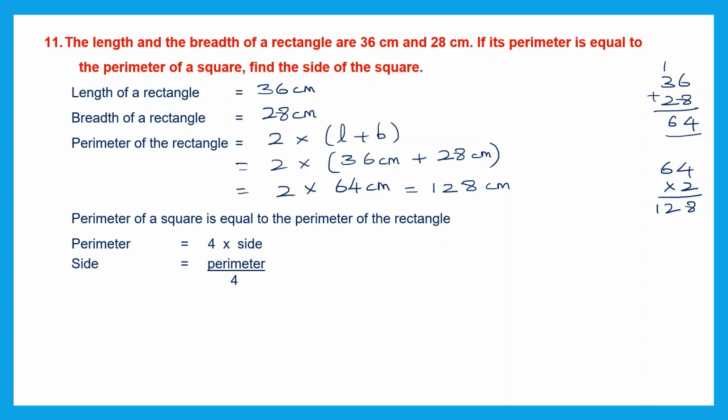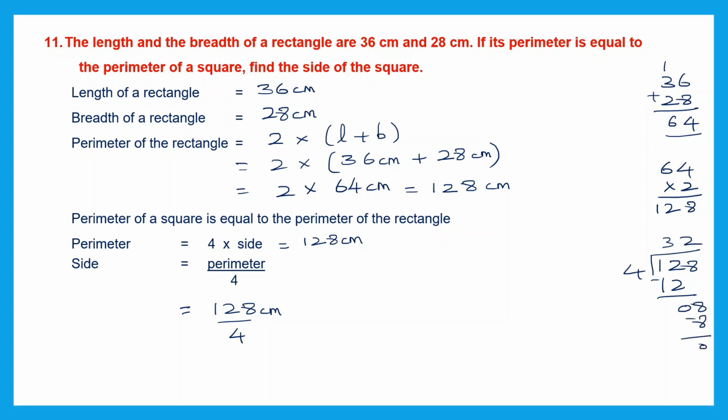Now the perimeter of the square is the same as the perimeter of the rectangle. That means this is also 128 centimeters. Now let's use this formula to find the side. 128 divided by 4. So 128 centimeters. Let's divide that by 4 and see what we get. 4 3s are 12 minus 8 here. 4 2s are 8.